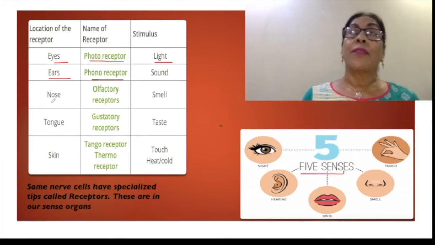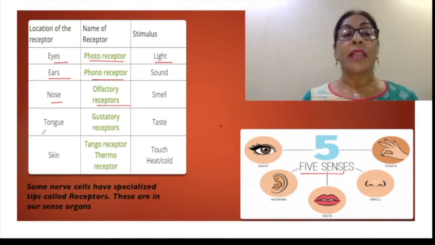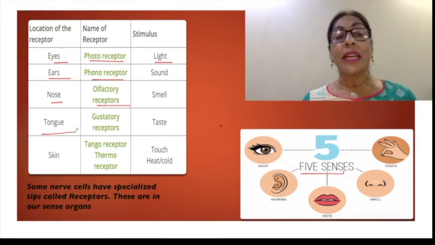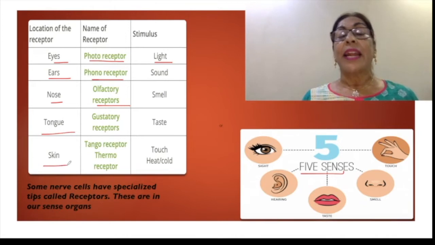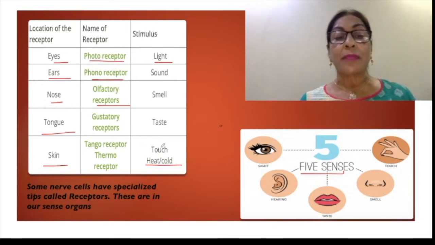Nose, it has the olfactory receptor. Olfactory receptor detects smell. Tongue, gustatory receptor, it detects taste. Skin, it has the tangoreceptor and it feels heat and cold by touching things.